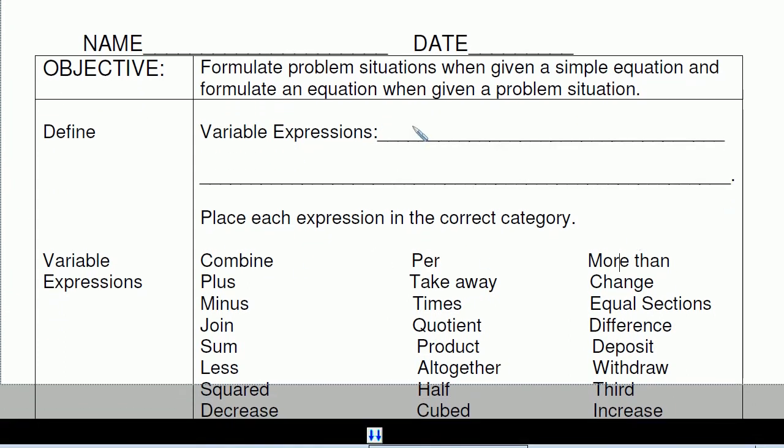A variable expression is an expression, or let's not say with, let's say that contains a variable.